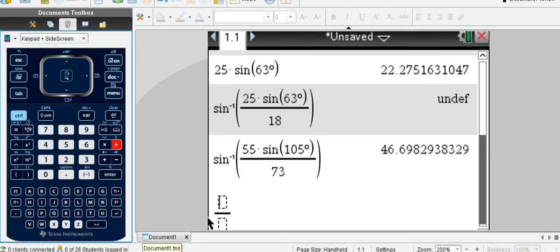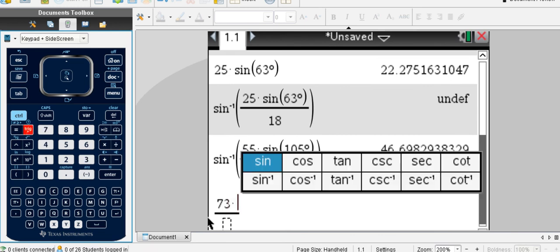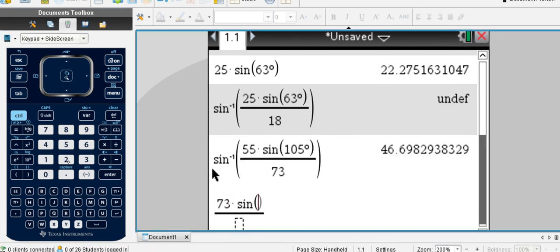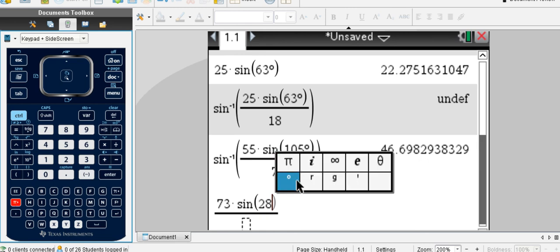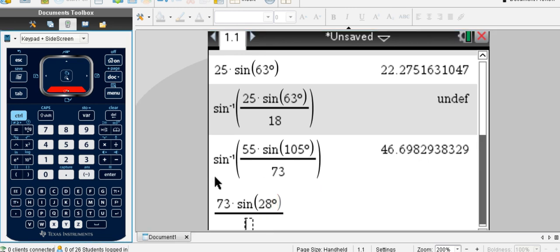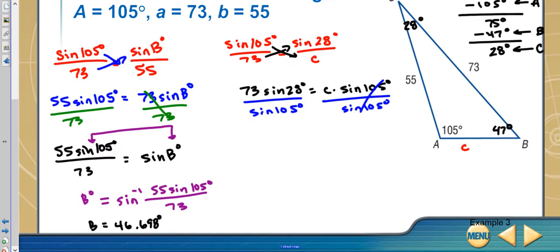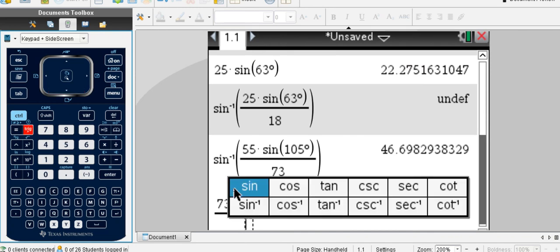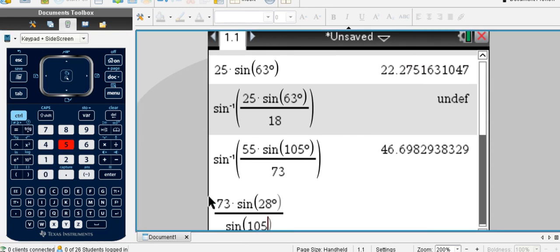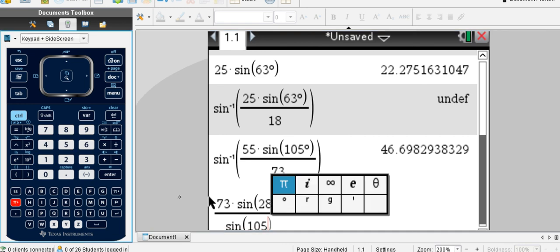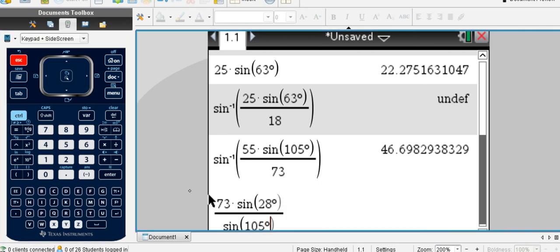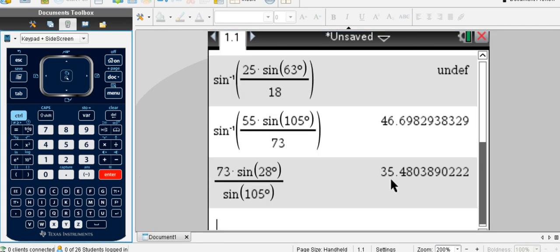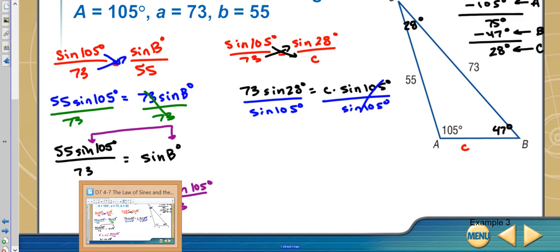We have a big fraction here, 73 times the sine of 28 degrees, and all of this is divided by sine of 105. I type that in degrees, I press enter, and we get 35.48.